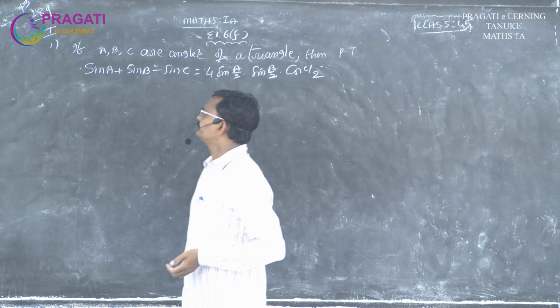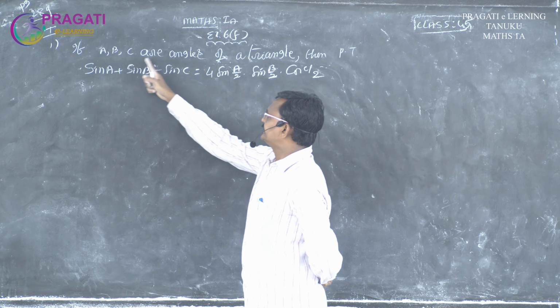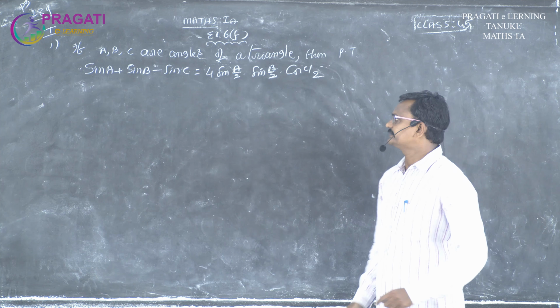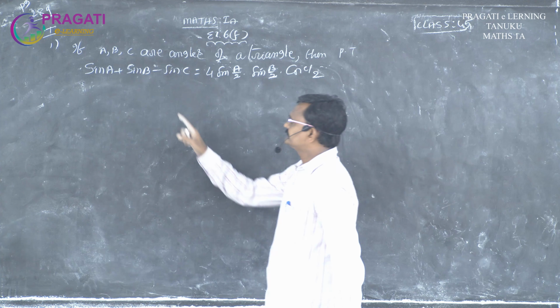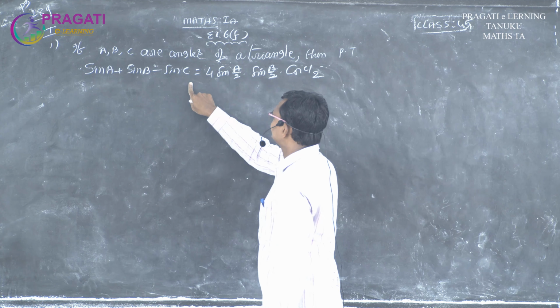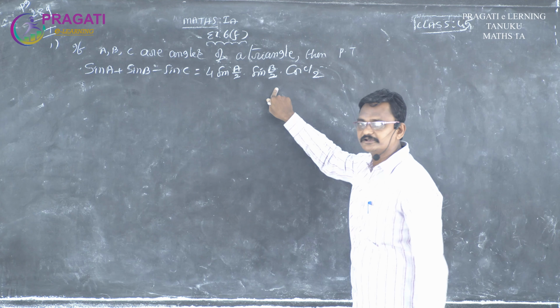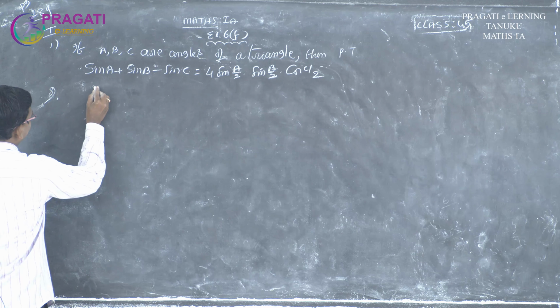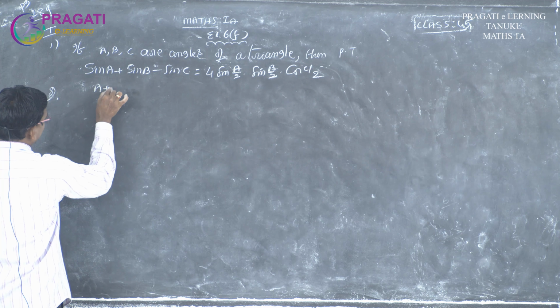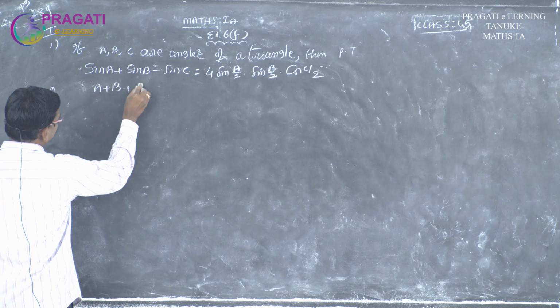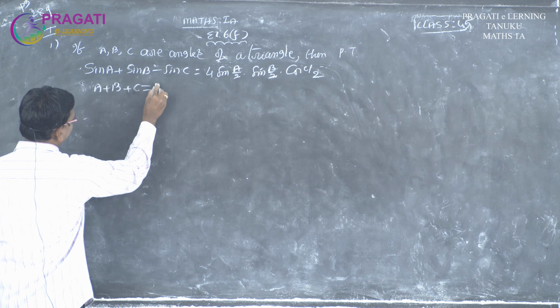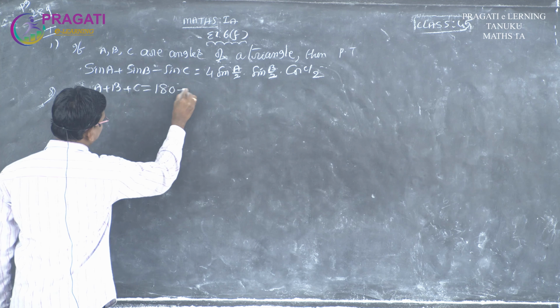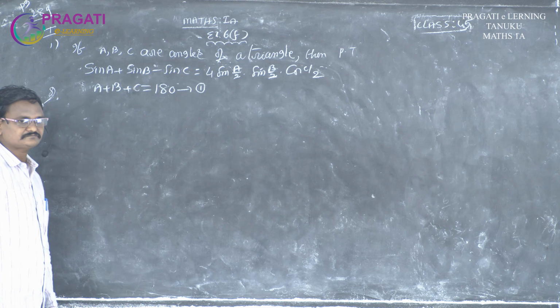So the next problem, with the same statement: A, B, C are angles of a triangle. Prove that sin A plus sin B minus sin C is equal to 4 sin A/2 sin B/2 cos C/2. So first of all, A plus B plus C is equal to 180 degrees. This is equation 1.